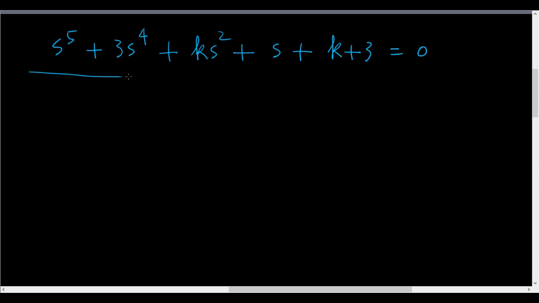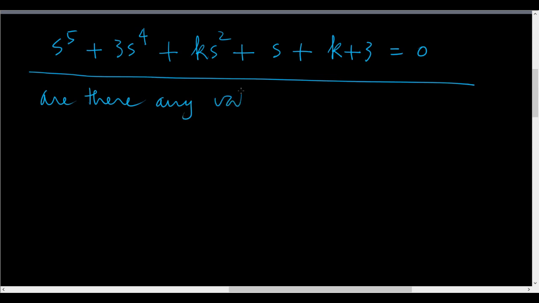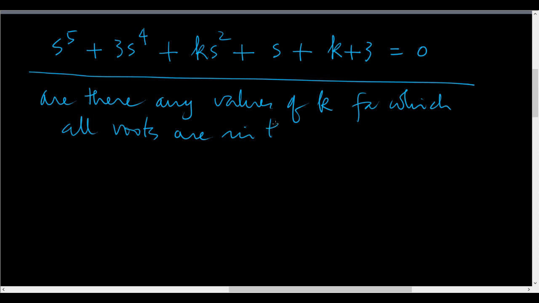Are there any values of k for which all roots are in the left half plane? This question can be answered in many ways. We can answer this using MATLAB as well, so let's go to MATLAB and see how we would do that.